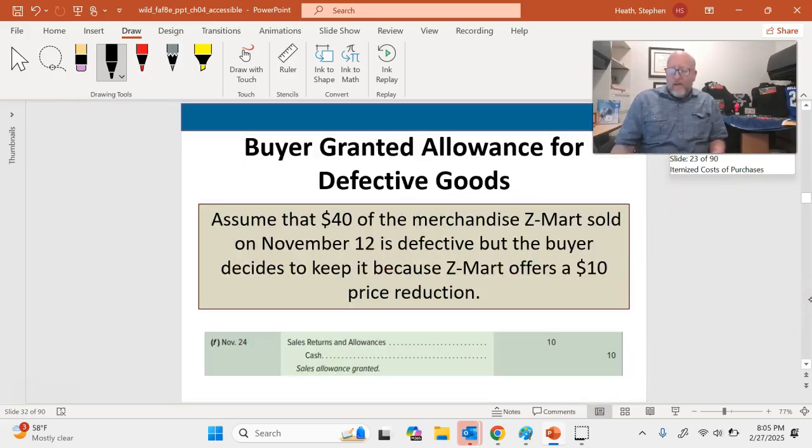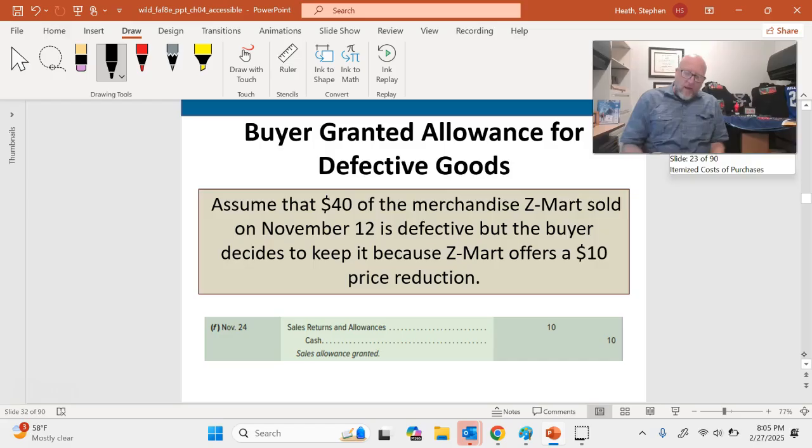And an allowance is going to be another contra revenue. And then we would give the customer back some cash. There wouldn't be any inventory to unwind because the customer's keeping their good. Or it could be the case that the toaster didn't even work. And so we're just giving this customer back some money.